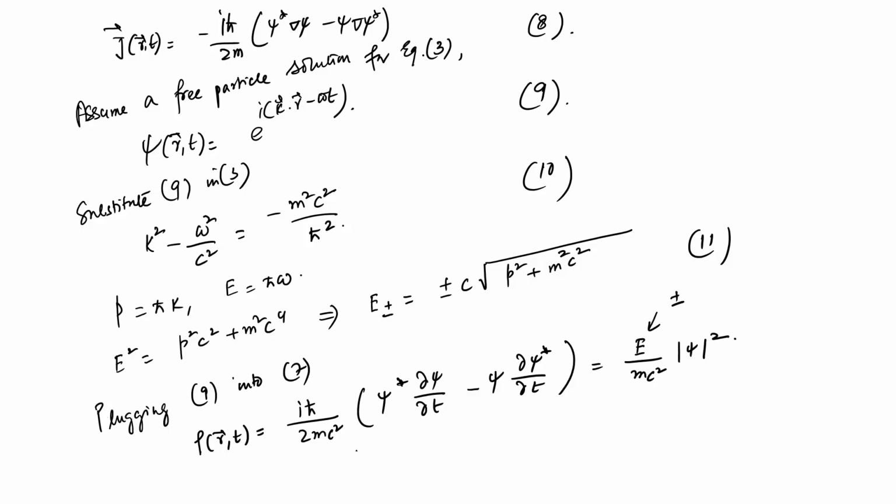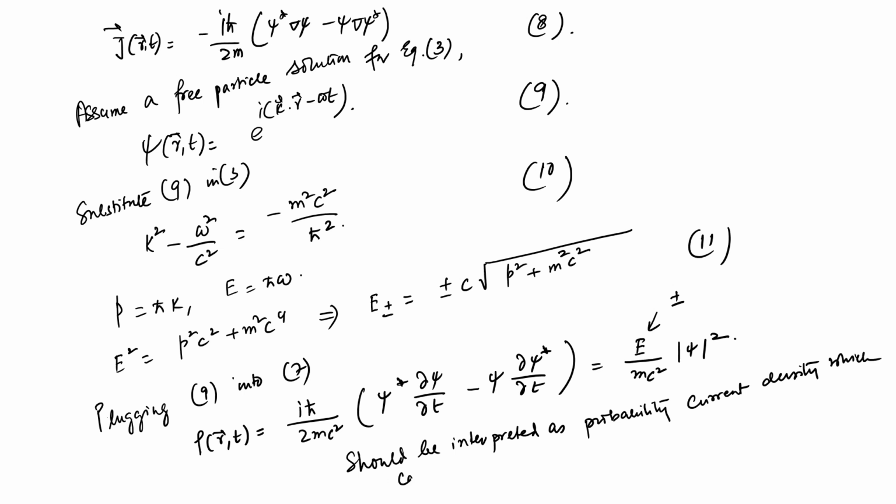So, now going back to this, it should be interpreted as probability current density, which can be both positive and negative.